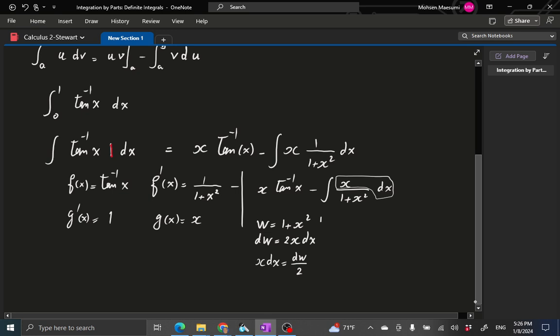So again, what we have here is x tangent inverse of x minus, instead of x dx I can write dw over 2, and the denominator is just w. So I integrate that, x tangent inverse of x. Factor of 2 can come outside, so I have 1/2 dw over w.